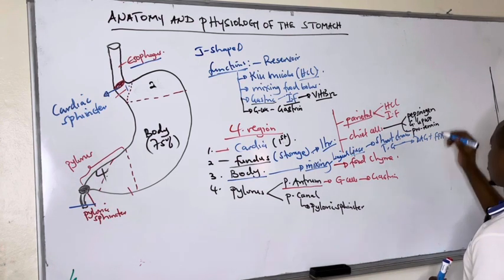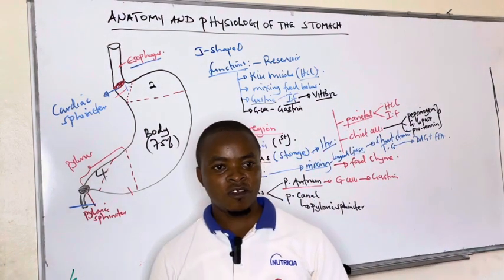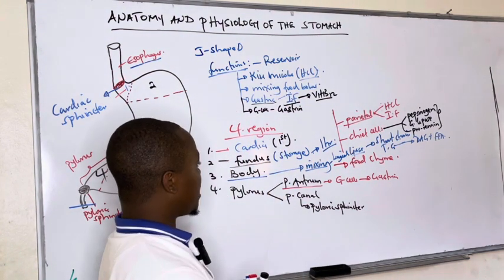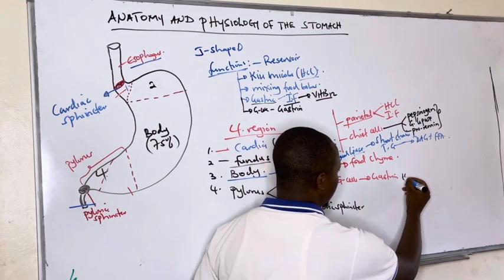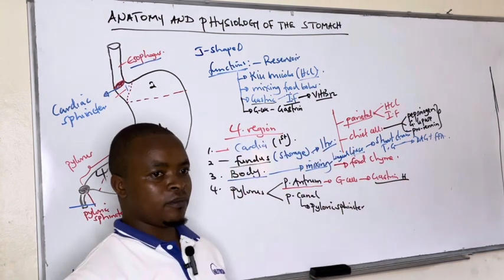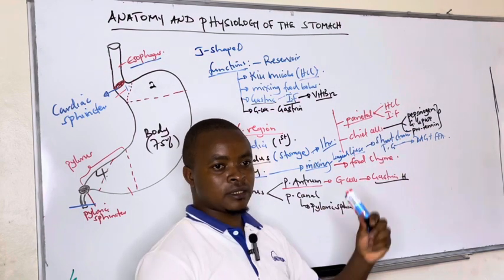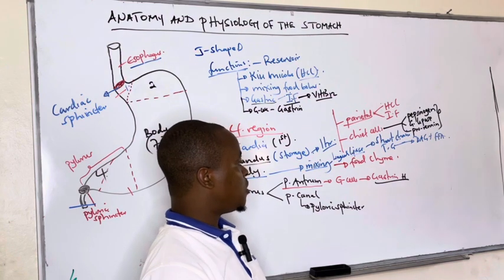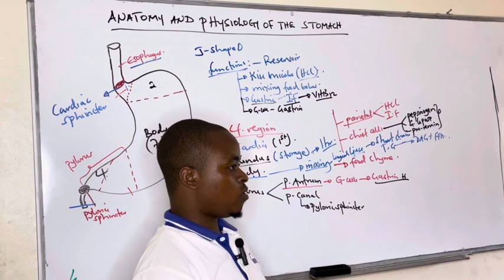And these enzymes are produced as zymogens, that is inactive. So when we are talking about the pyloric antrum, this gastrin hormone produced from the pylorus antrum is the one that goes and triggers these cells to release their secretions in the stomach. So they are secreted in the presence of gastrin hormone.